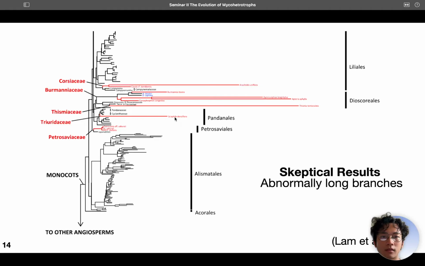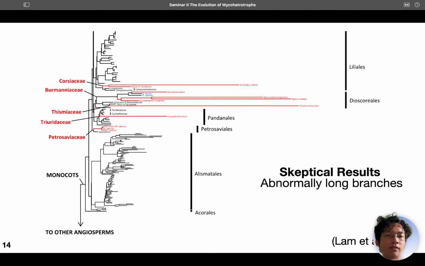The length on the tree indicates how different the sequence data is compared to its adjacent clade. So this means that this, compared to this, is very, very different. And normally the long branches indicate that something might go wrong in the analysis.